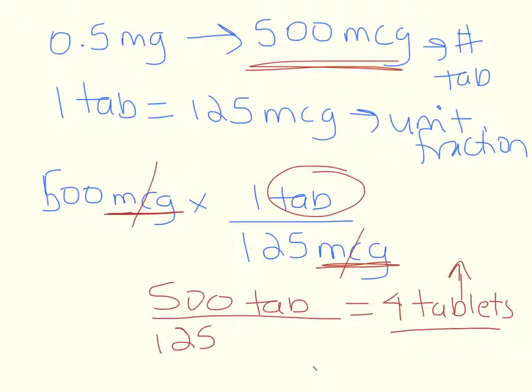So this means the answer is partially complete, because if we were to give you this question on a test, you would need to tell us it is 4 tablets twice a day. And that is an example of a multi-step problem that you could potentially see on test 2.